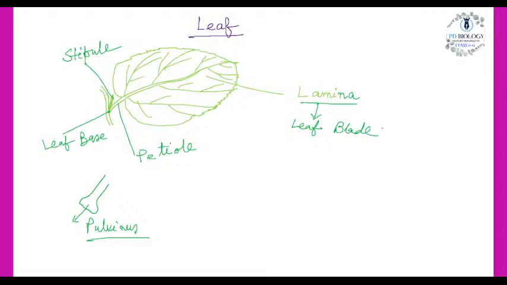It is the green expanded part with veins and veinlets, and the middle prominent vein is called the midrib. Veins provide rigidity to the lamina and act as channels for transport of water, minerals and food materials.